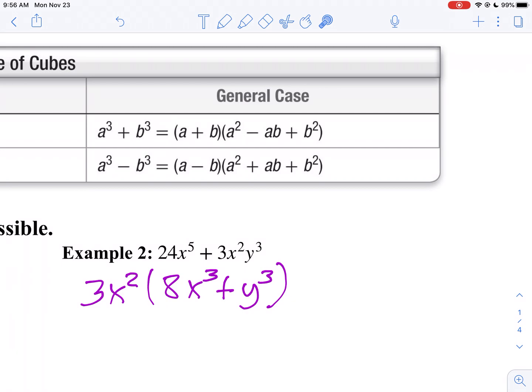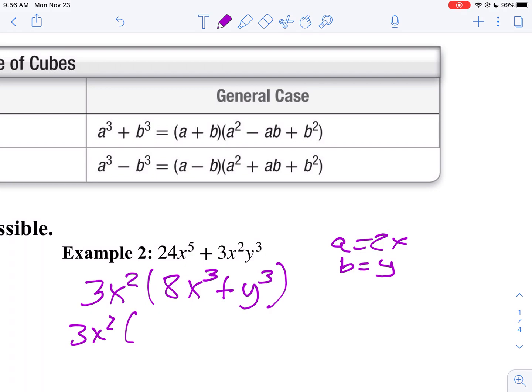Notice, this binomial is the sum of perfect cubes. That is, if I go over here on the side, what's the cube root of 8? That means a is going to be 2x and b is going to be y, because the cube root of y is y. So I can say 3x squared. Now let's do our perfect cube.